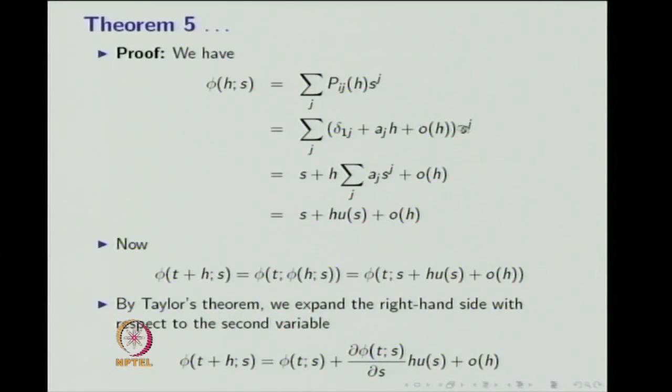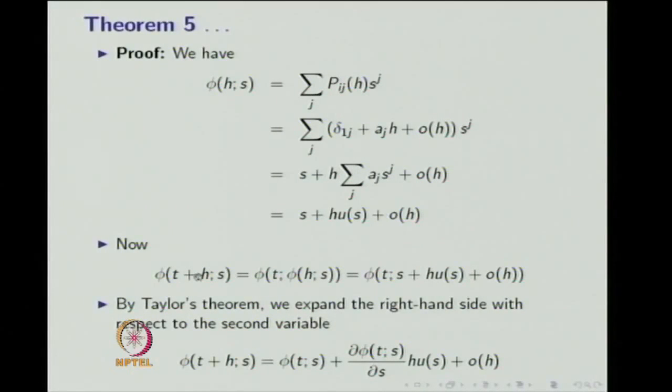You will get the first term will be s, the second term will be h times summation over j of a_j s^j, and the remaining term will be order of h. You know that u(s) is the same as the summation over j of a_j s^j. Therefore, the probability generating function for P_ij(h) is s + h u(s) + order of h.